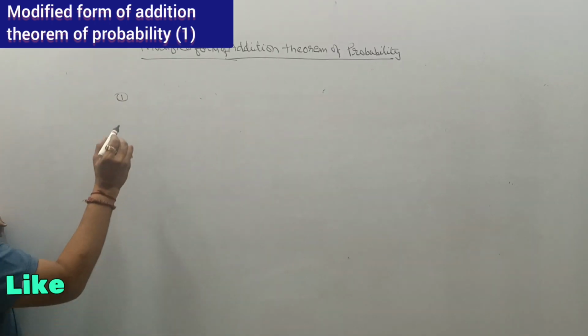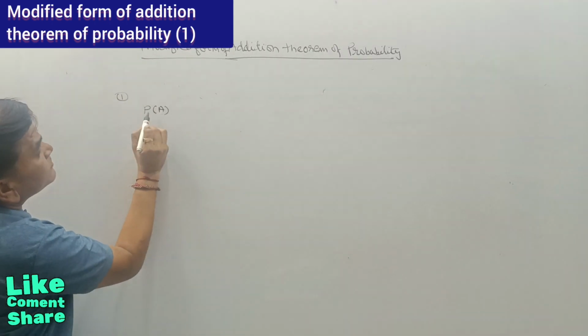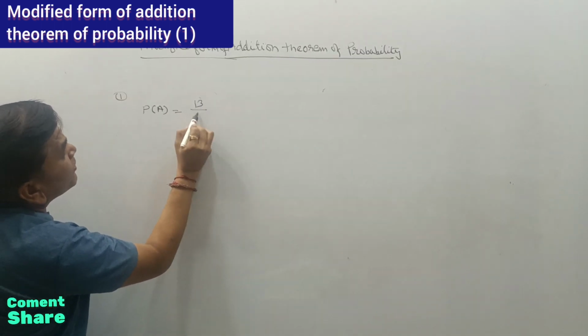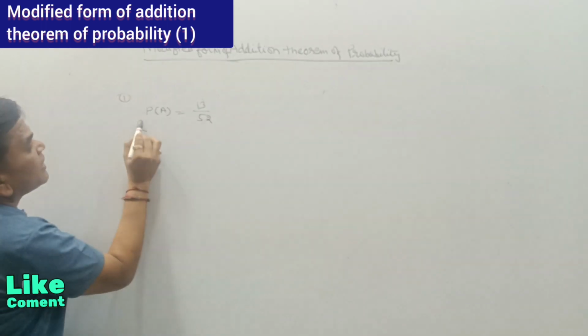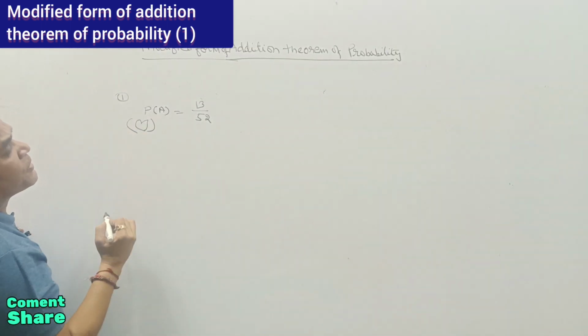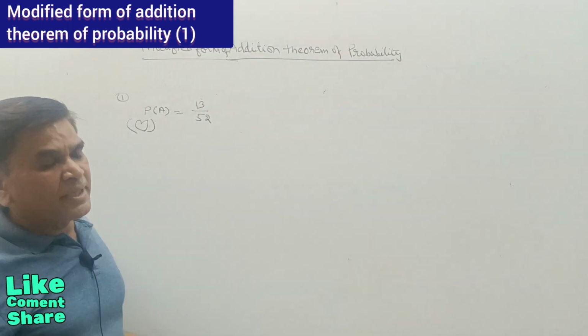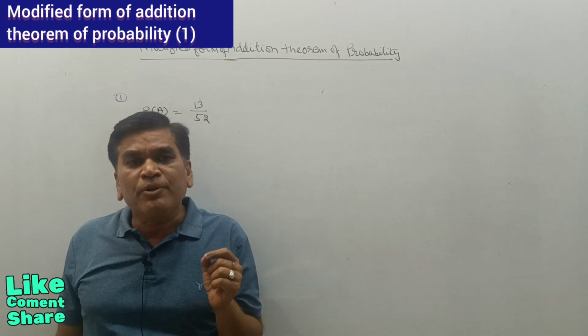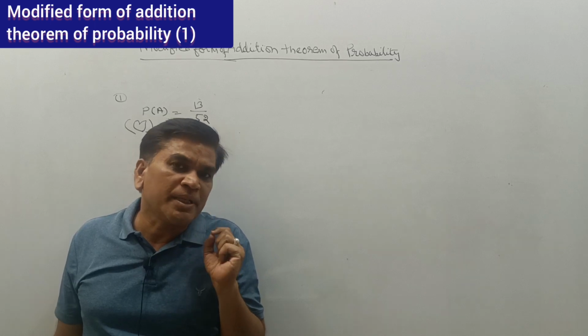So the probability of getting a heart is 13 upon 52, because in a pack there are 13 cards related to heart. Let us listen to the question again: from a pack of 52 cards, one card is drawn at random.